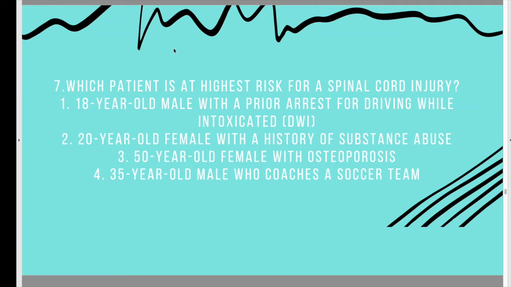But checking this question, it says history, so it means it's already done. The patient is not using substances anymore, so it's already history. So for me, this is not the answer.